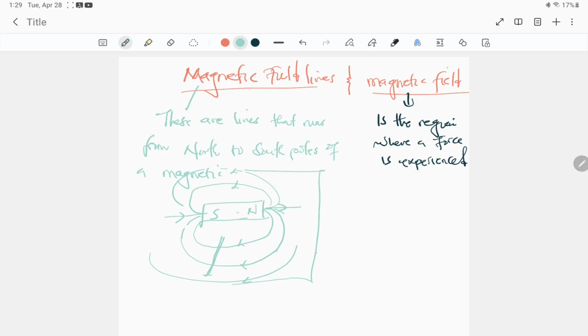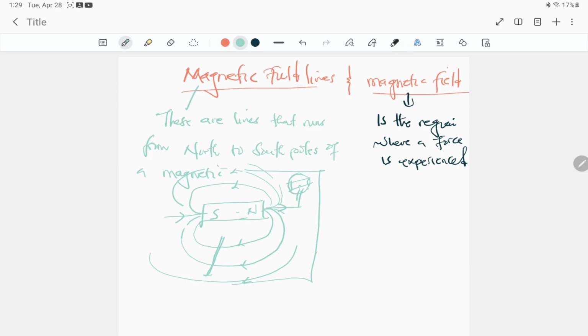So a region where a magnetic force is being experienced is called a magnetic field. A field is just a region where a force is experienced. If you put a wire outside this region where the magnetic field lines are passing, no force will be detected here because there are no magnetic field lines passing through this region. As a result, this is not a magnetic field.